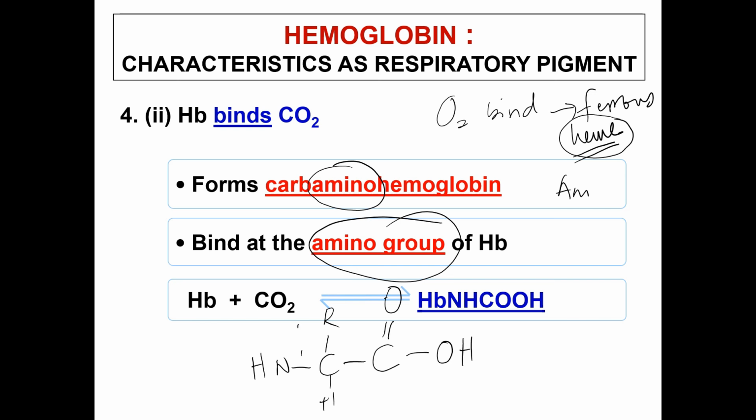Okay, ini amino group dia. Jadi carbon dioxide akan tingkat kat sini. Sebab tu dia jadi karbaminohemoglobin. Kalau oksigen dia akan bind pada yang tempat lain, sebab dia terikat pada ferrous ion yang ada pada polypeptide chain.